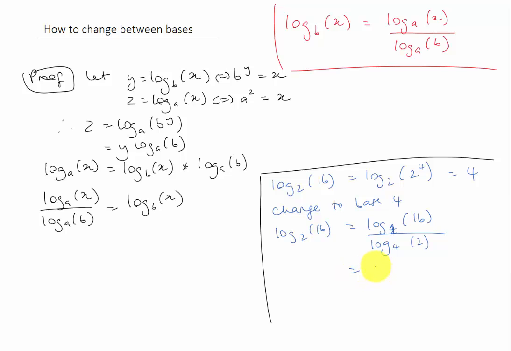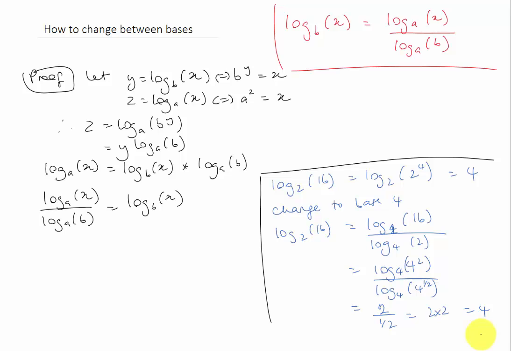So that is equal to log in base 4 of 4 squared divided by log in base 4 of 4 to the 1/2, the square root of 4, is equal to 2. So that's equal to 2 divided by 1/2, which is equal to 2 times 2, which is equal to 4. So again, these two numbers are the same.